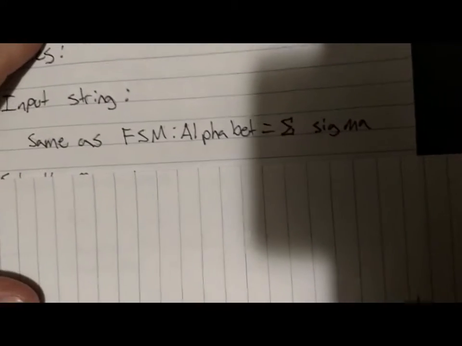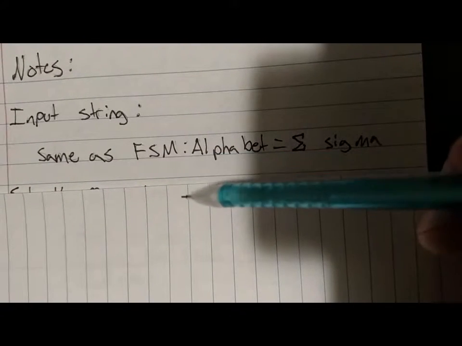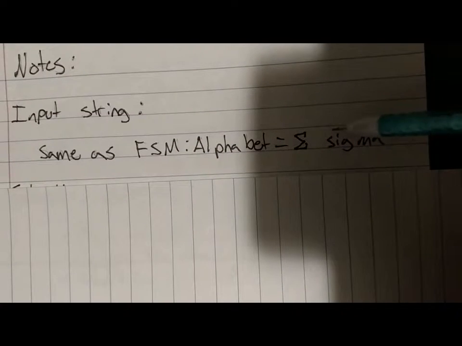Before we get too deep into how it works, though, let's go over some terminology and notes really quick. Same as in a finite state machine, PDAs use an alphabet for their input string called sigma.